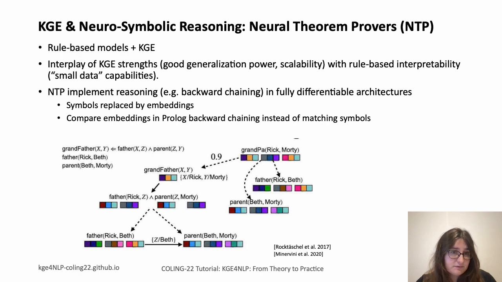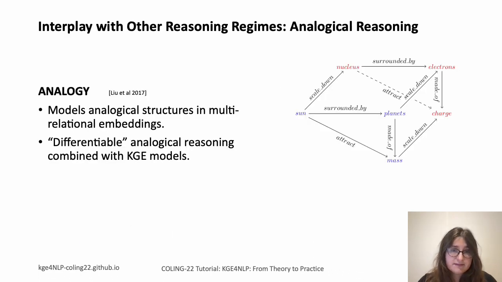We can see example here from Rocktäschel et al. Another interesting work from a different reasoning regime, analogical reasoning, is a work called Analogy, which allows to explicitly model analogical structures in multi-relational embeddings.